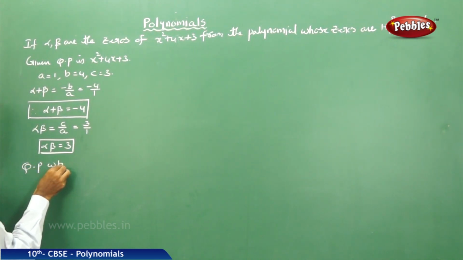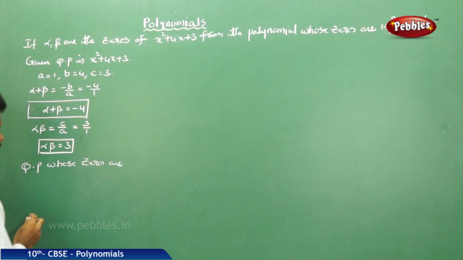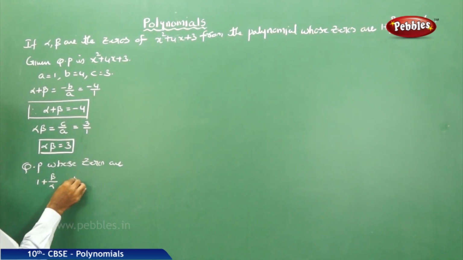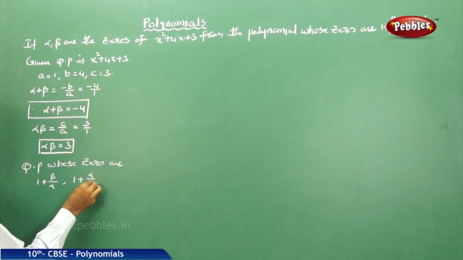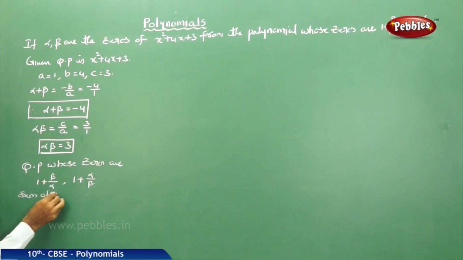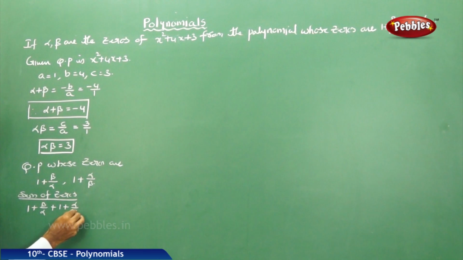Okay, let us see. The quadratic polynomial whose zeros are 1 plus beta by alpha, comma 1 plus alpha by beta. First I have to find the sum of zeros. That is equal to 1 plus beta by alpha plus 1 plus alpha by beta.